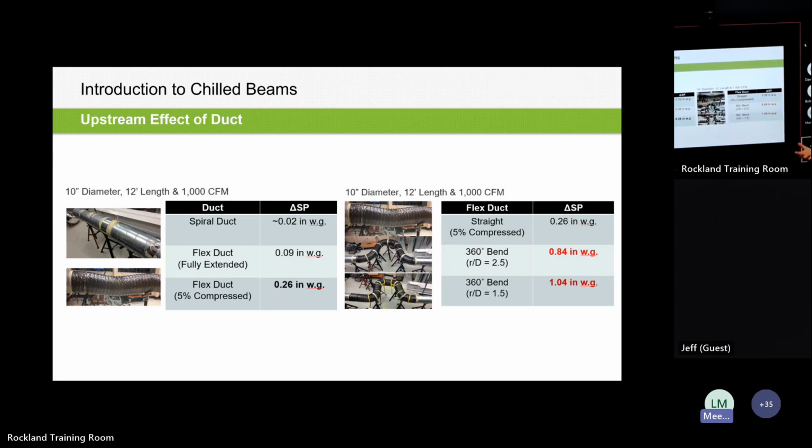You can see that obviously with the higher velocity air movement in the ductwork, that can have a decent impact, spiral versus flex, if it's completely straight or slightly compressed. So you're going from roughly zero static pressure difference to a quarter inch. And then moving over to here, just introduces again that idea of those S-bends with the higher velocity in the ductwork.